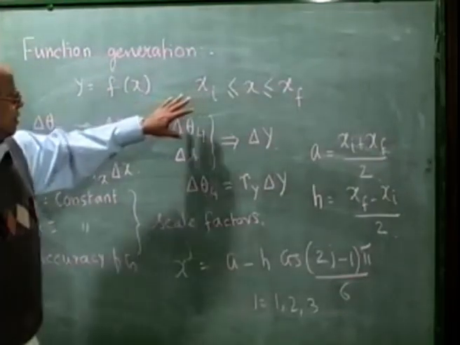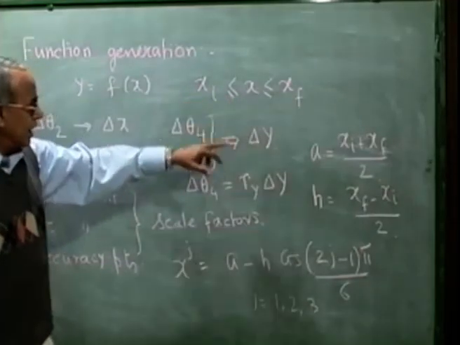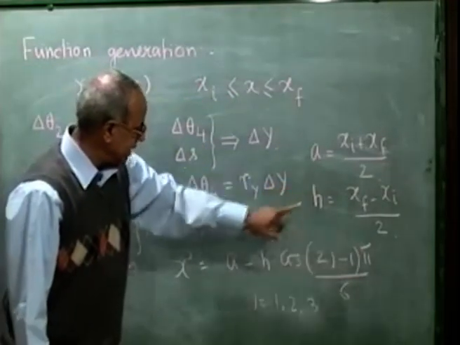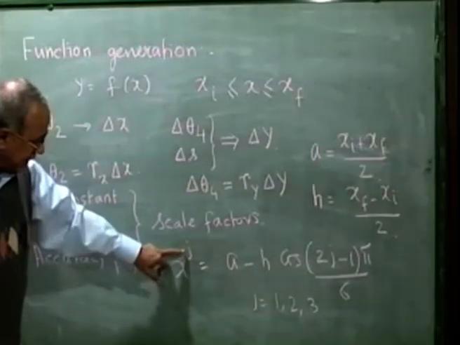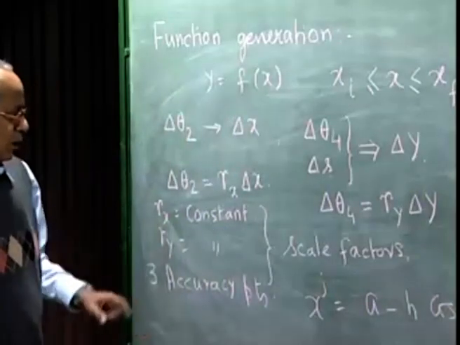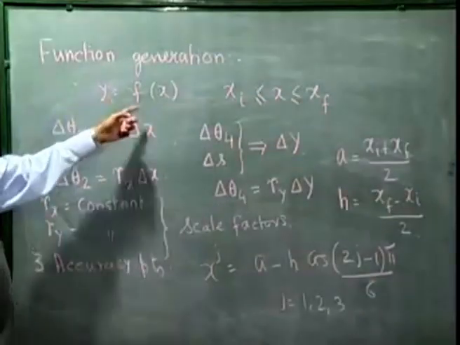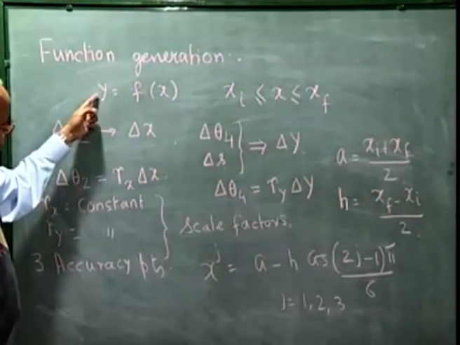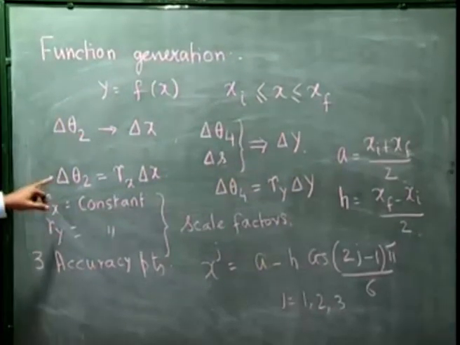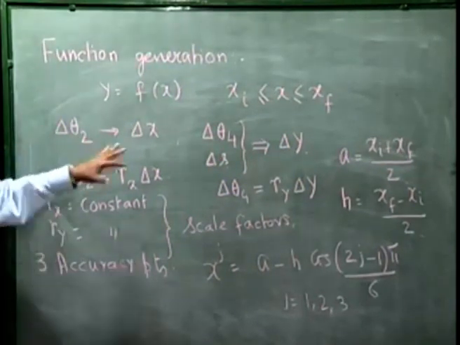So if we have to generate this function by a mechanism in this range, I calculate A and H, then I calculate x1, x2, x3 by putting j equal to 1, 2 and 3. Once I know x1, x2, x3, from the given desired relationship, I can find y1, y2, y3, and then we use this to get the input and output variables.